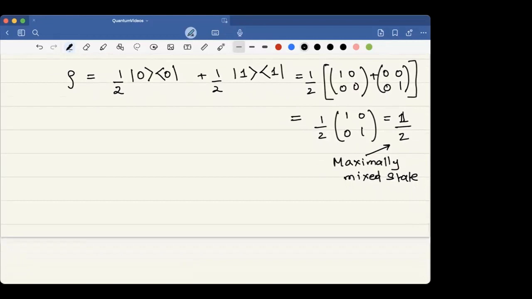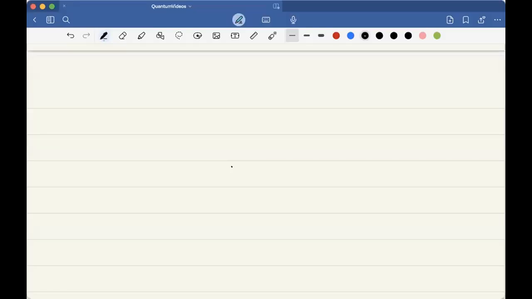Now let's do the same with the plus and the minus vectors. Let's compute a density matrix rho prime, which is an equal mixture of the plus and the minus state. Plus is given by this vector and minus is given by this vector.